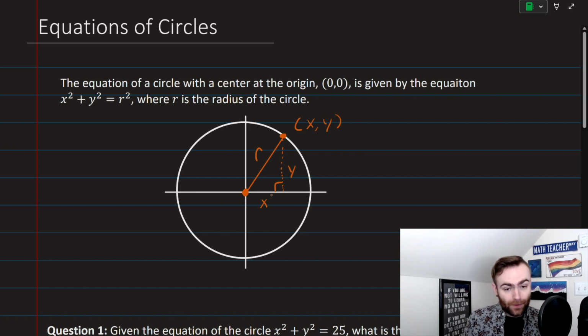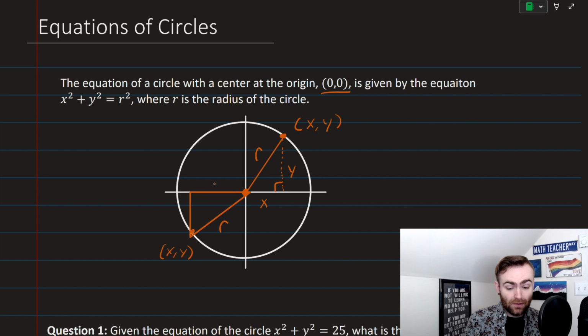If you were to picture a right triangle where one of its vertices is fixed at the center, in this case we're going to fix it at 0, 0, the origin, then for any point on the circle we could draw a right triangle where one of the sides is touching the x-axis, and we can draw a triangle kind of like this. So I could also draw it in this corner over here, and it would look something like this, and this point here would be x comma y still.